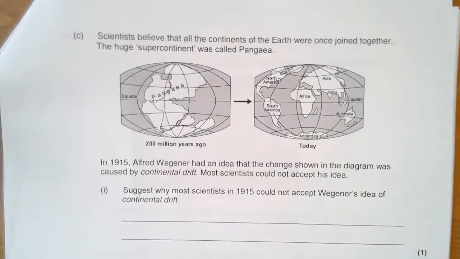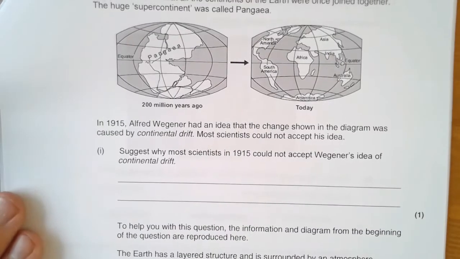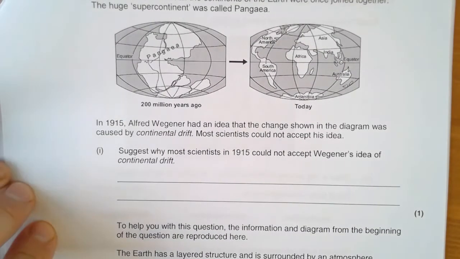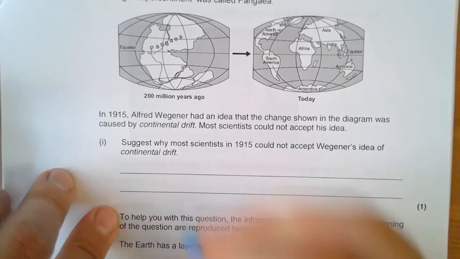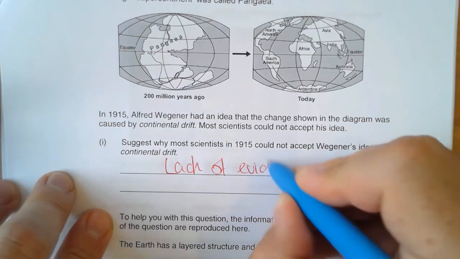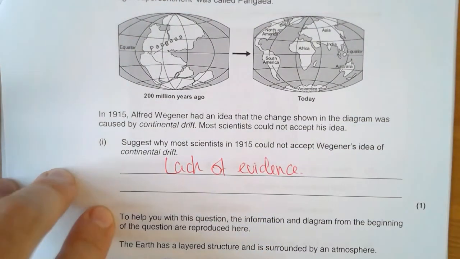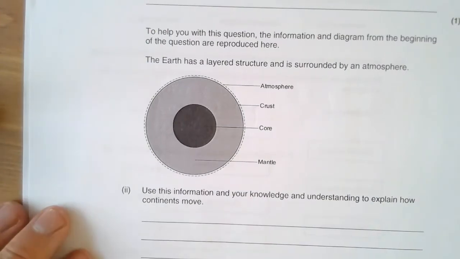Next we're looking at a bit about moving continents. It asks why most scientists in 1915 could not accept Wegener's idea of continental drift. Lack of evidence. These sort of things almost always lack of evidence. Use the information above and your knowledge to explain how continents move based on this diagram.